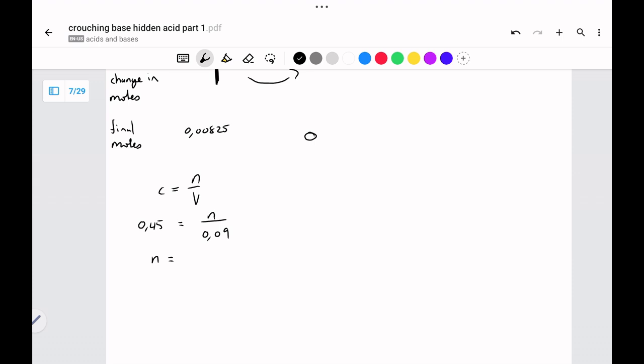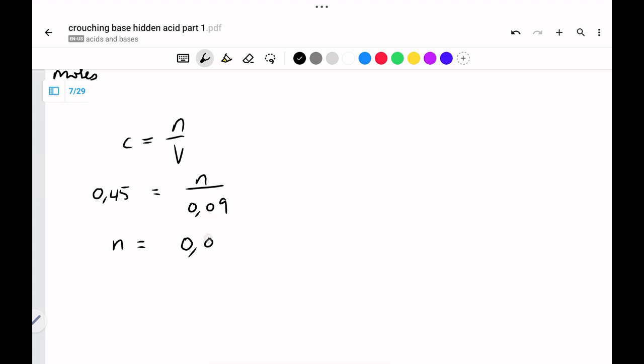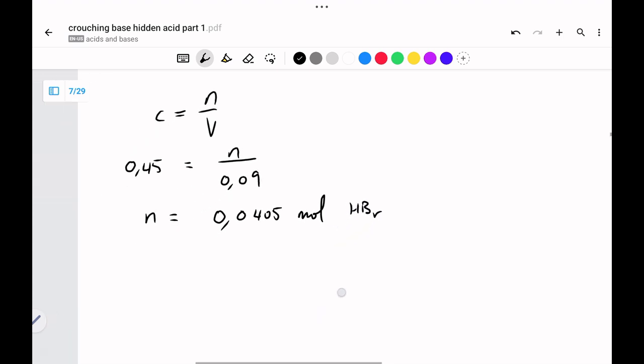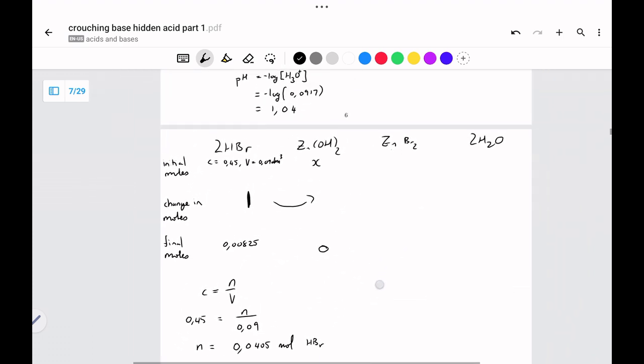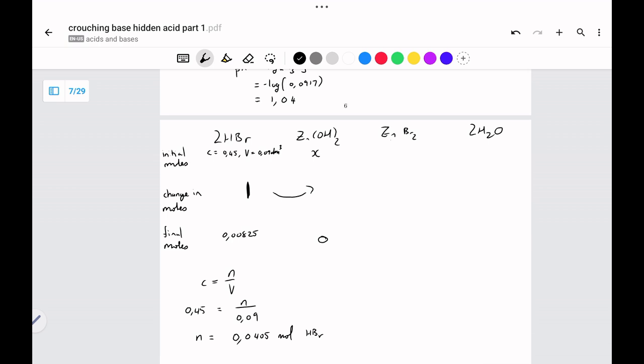And we go to our calculator. And I get 0.0405 mole. And who is this for? It's for HBr. And now that was the initial moles.